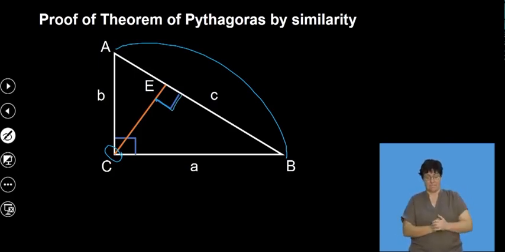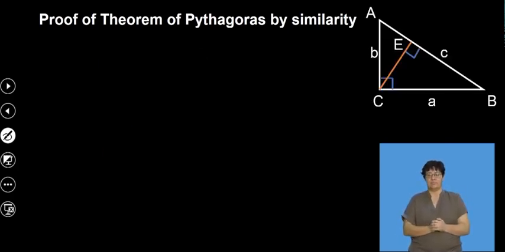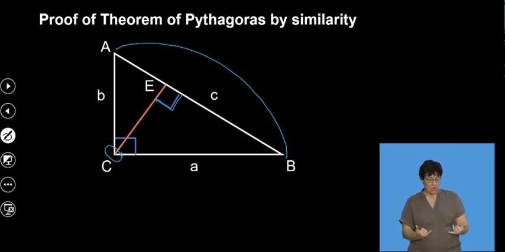And then we need to prove that this triangle AEC is similar to the bigger triangle, which is ABC. And also prove that the triangle ECB is similar to the bigger triangle ABC, right? So what am I trying to say?